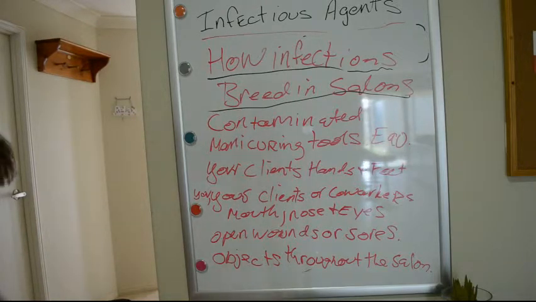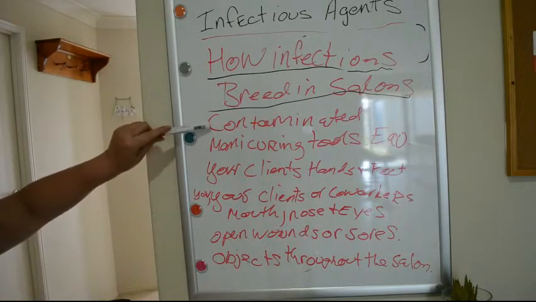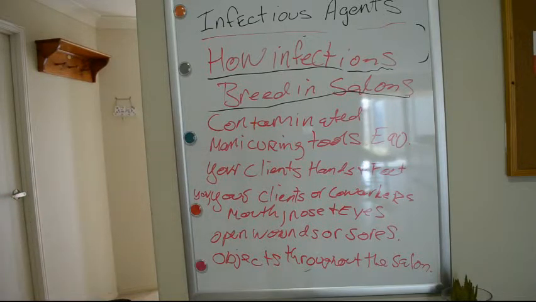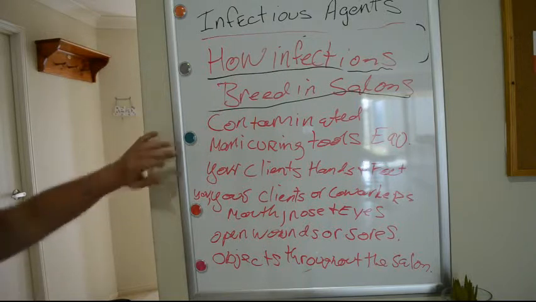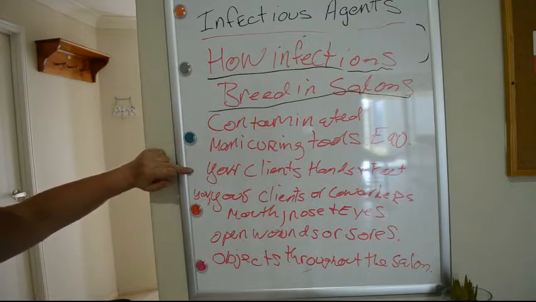So let's talk about number one, which is contaminated manicuring tools and equipment. Bacteria and other germs multiply at a very rapid rate in places such as dirty nail files, nail clippers, manicure tables and towels. Your client's hands and feet: each new client who walks into your salon brings a whole new set of germs.